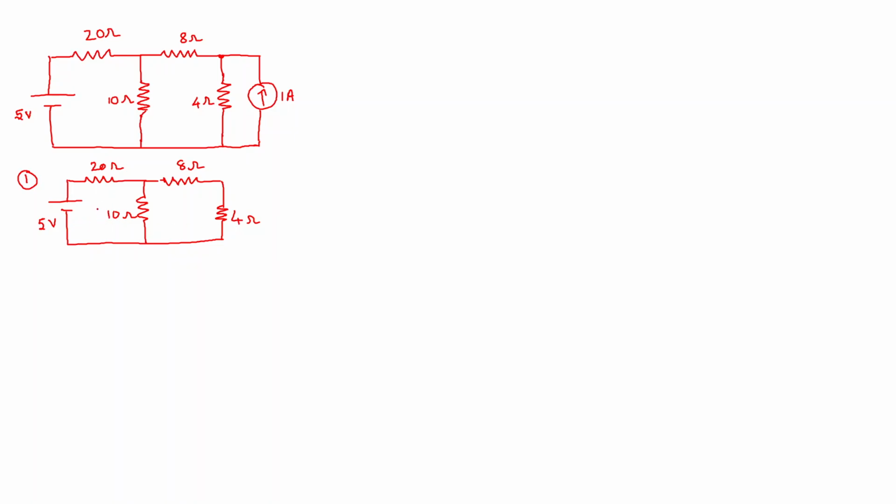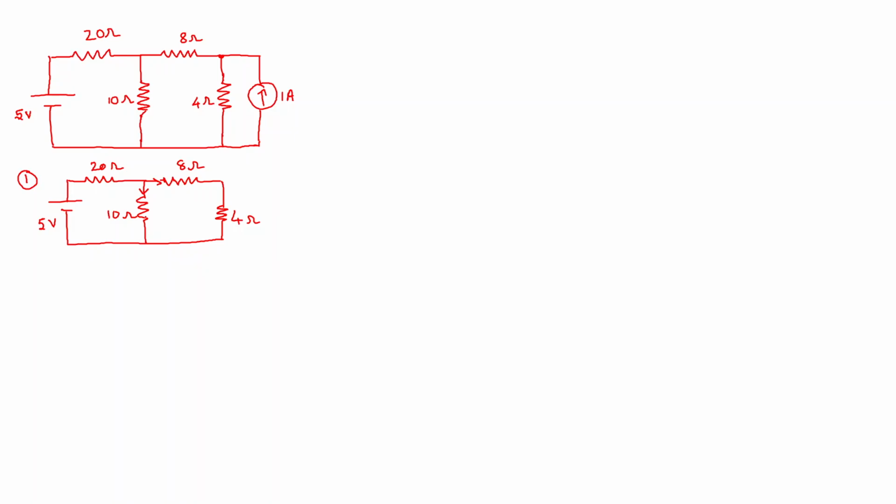Students can use mesh analysis, but I prefer the current division rule to find the current through 4 ohms. What is the total resistance that is pulling the current from this 5 volts? If a current is pulled from this 5 volt source, the current goes in this direction and there will be a division of current.